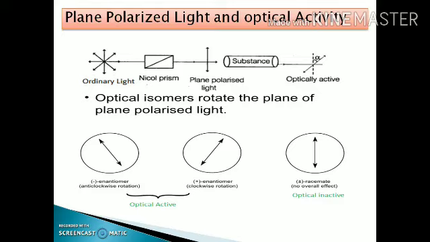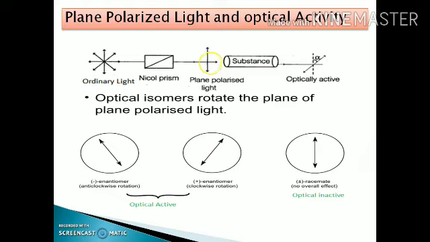This monochromatic light is initially vibrating in all directions, and when it is passed through the Nicol prism, a special kind of prism or polarizer made up of calcium carbonate, it starts vibrating in only one direction. A beam of light which has vibrations only in one plane is called plane polarized light.